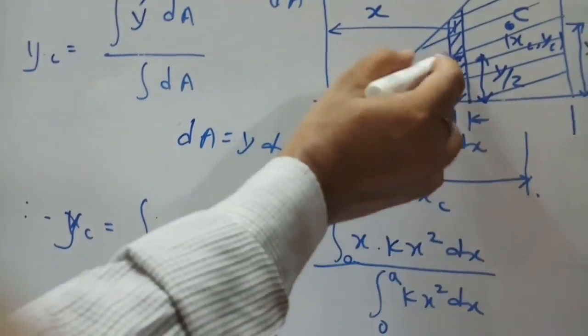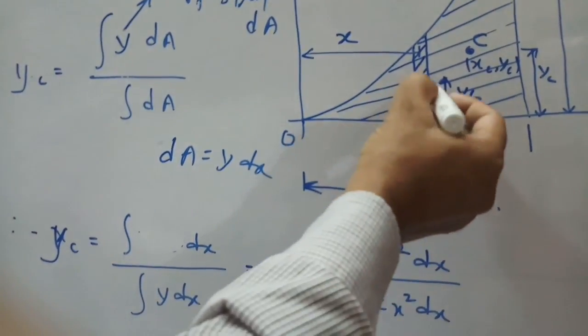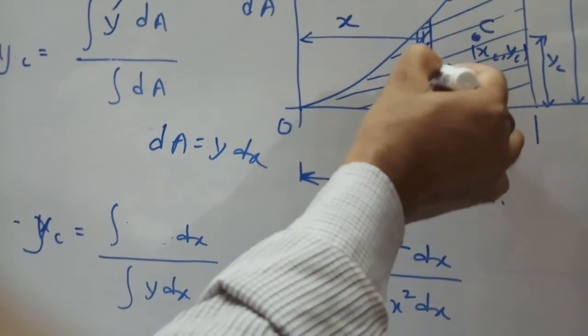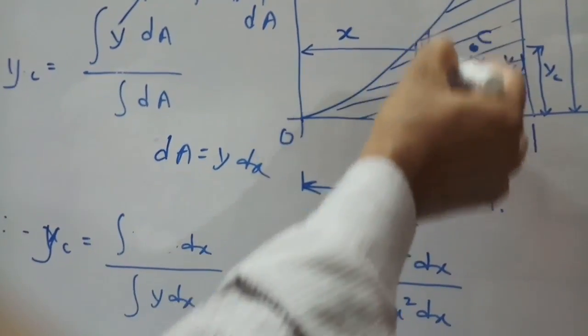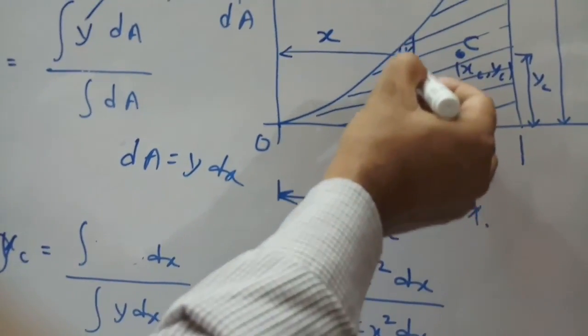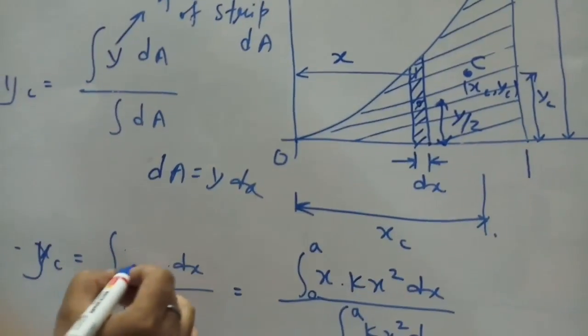What is the y coordinate of this strip? The strip is rectangle type, therefore its centroid is at the midpoint of its vertical length, y by 2.